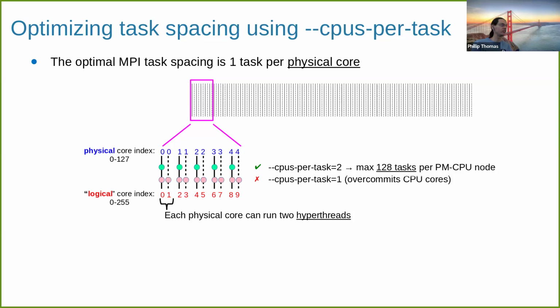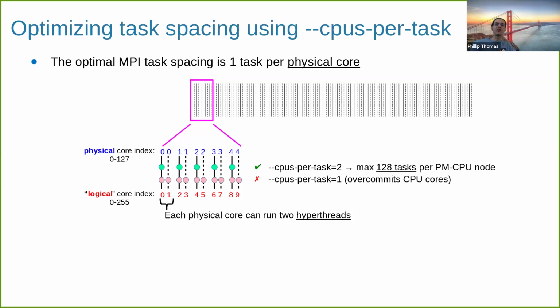This is not a good setting for HPC because it overcommits the CPU cores. Now you're running two very intense processes on the same physical core on different hyperthreads, and the physical core has to swap back and forth between them, which decreases performance.